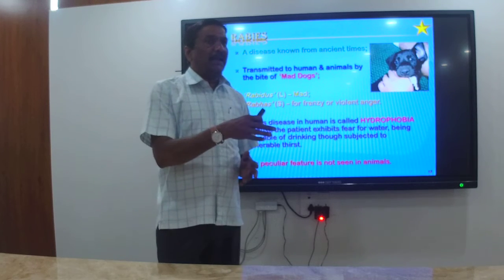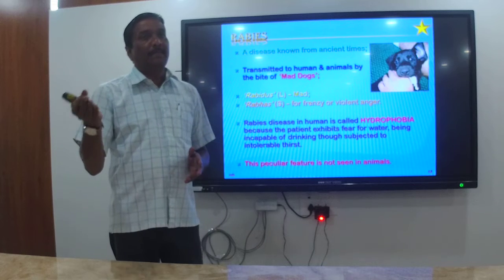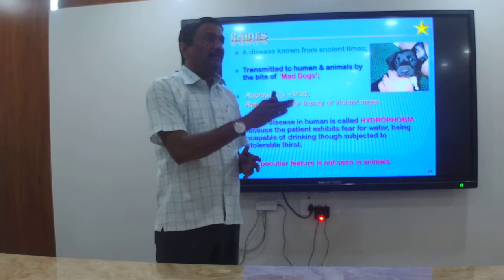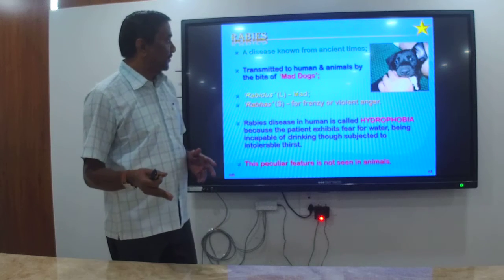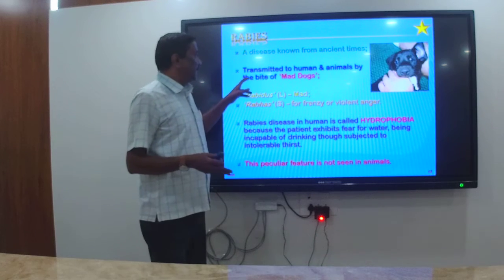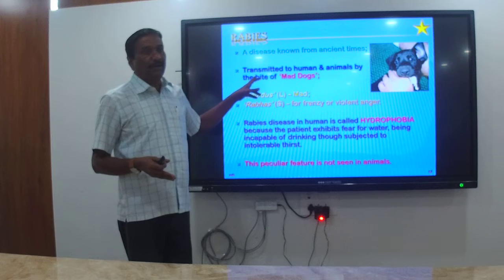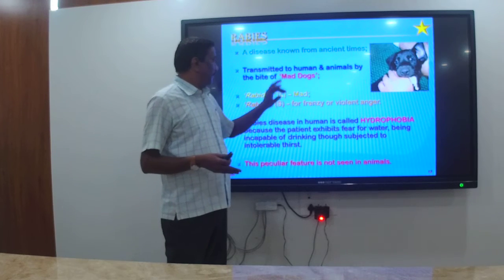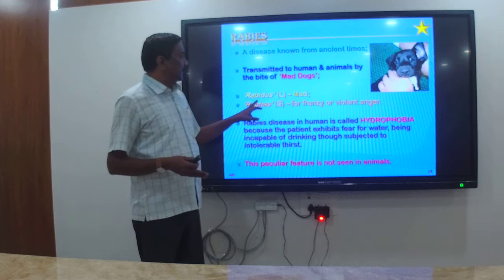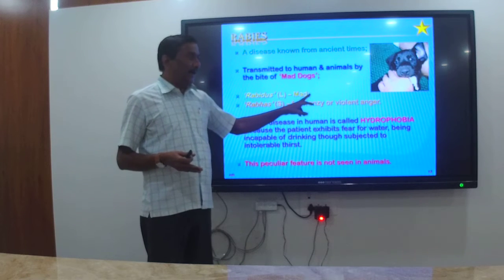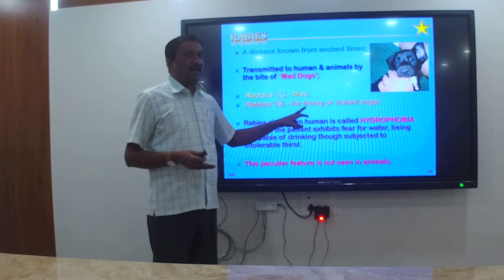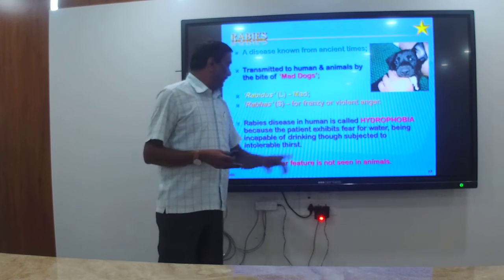When such a rabid animal bites a human being, the virus is transmitted through the saliva of the rabid animal to the human being. So, dog bite is the most important method of transmission, where the animal is mad. Rabidus is a Latin word which means mad, and rabhas is a Sanskrit word which means frenzy or violent anger.